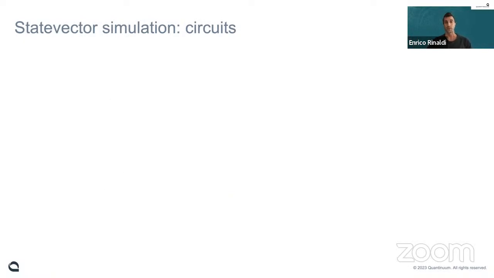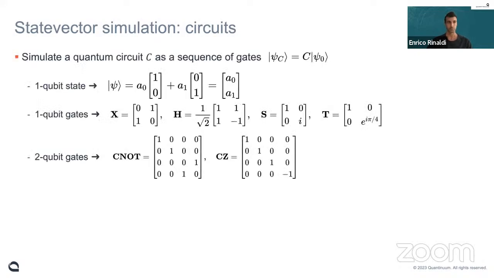So the thing that typically we want to simulate are circuits, and circuits are sequences of gates or operations. So a circuit C, which is here in front of this state psi0, is a sequence of operations acting on the qubits of the state.